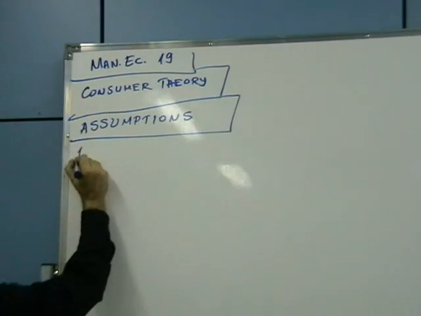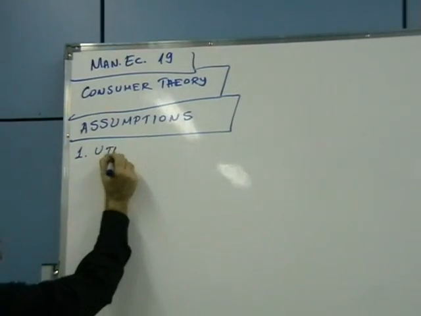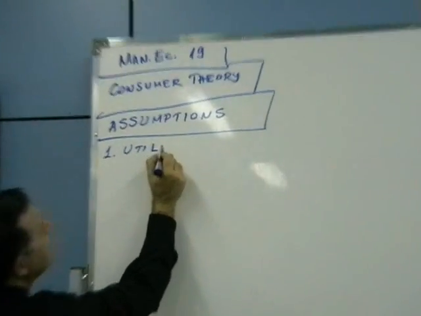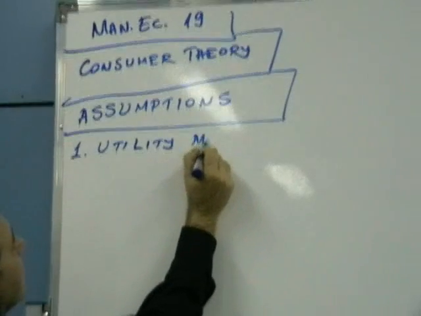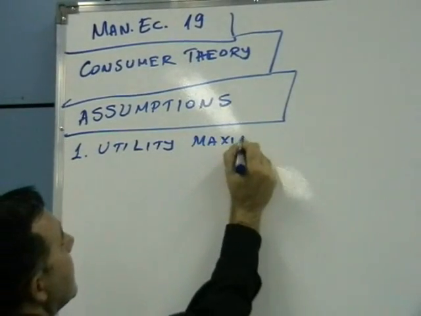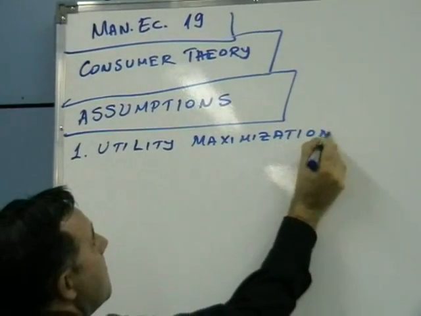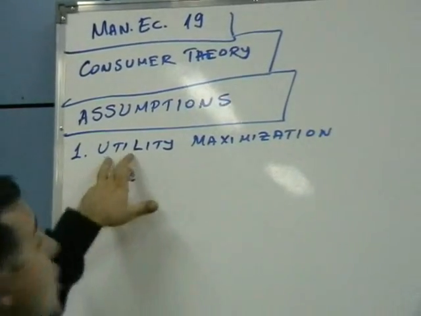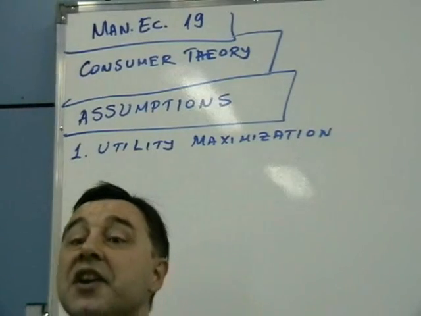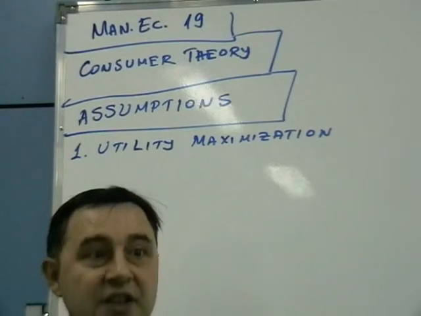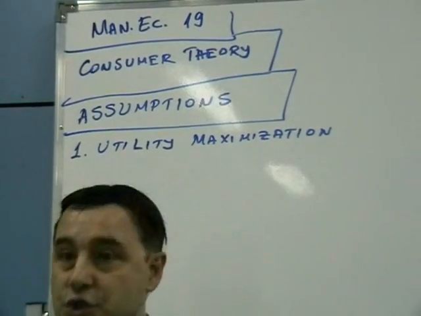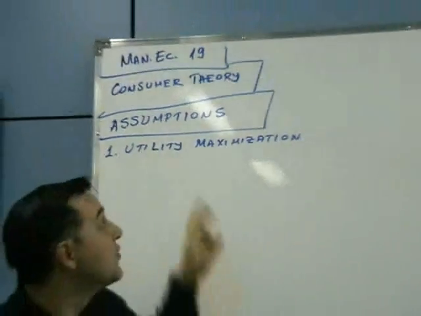Well, the first fundamental assumption is utility maximization. So, utility is the benefit which the consumer derives from consuming goods.